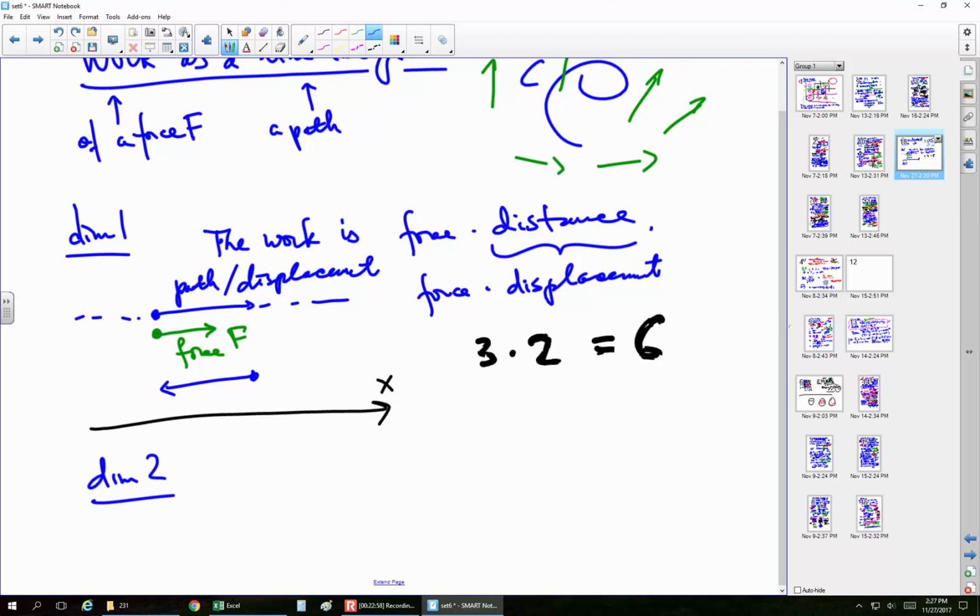Now in dimension 2 it's more complicated, because besides moving with the force or against the force, there are all those intermediate possibilities. If I still have my force pointed this way, I can go with the force, that's displacement, and I could go against the force.